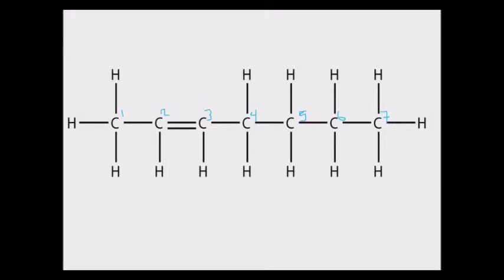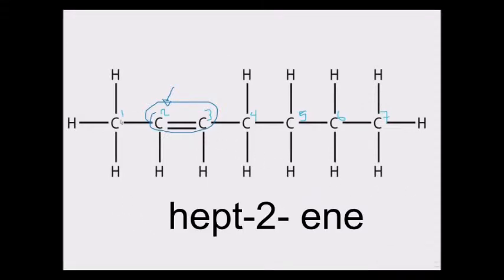You always have to start with the lowest number. In this case, it's going to be 2. And this indicates that the double bond is between 2 and 3. So, because we have 7 carbons, that means that we are working with hept, as I said.